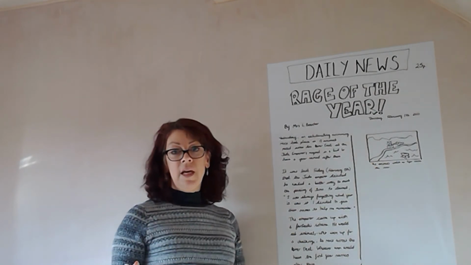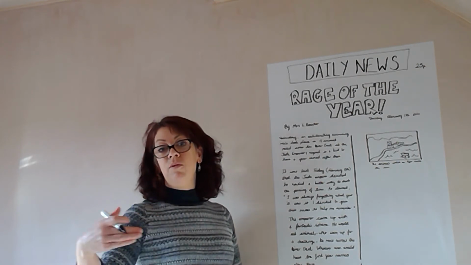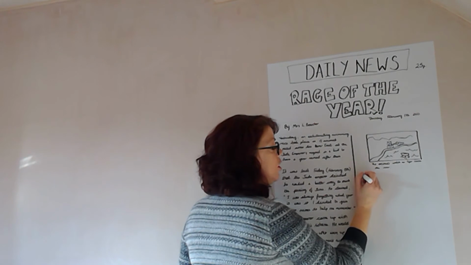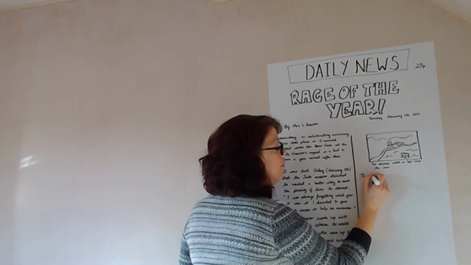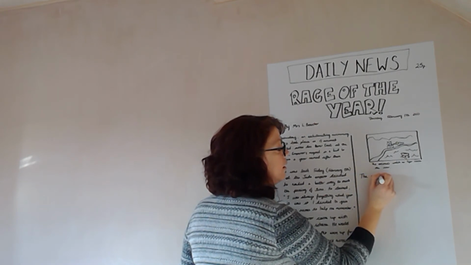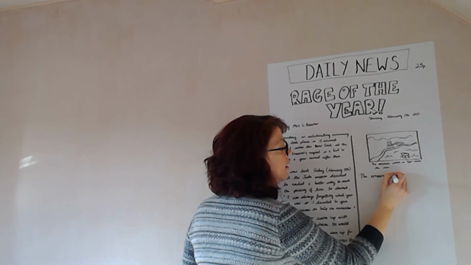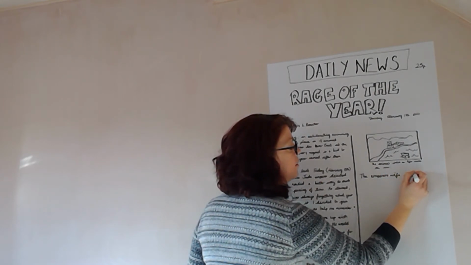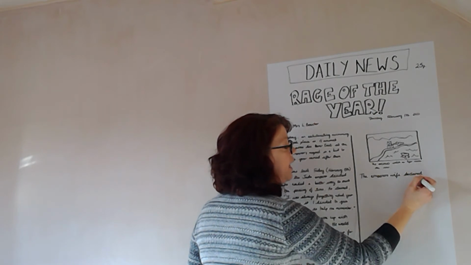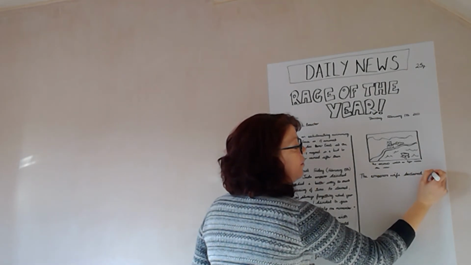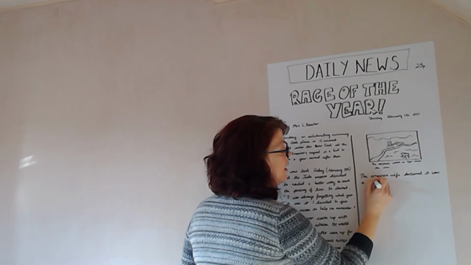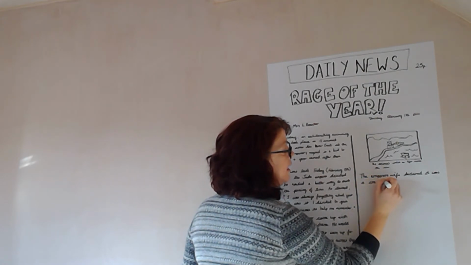So rather than putting that into inverted commas and saying the Emperor's wife said, I'm going to use it as reported speech and put the Emperor's wife declared, so I'm still using my better words instead of said, declared it was a crazy idea.